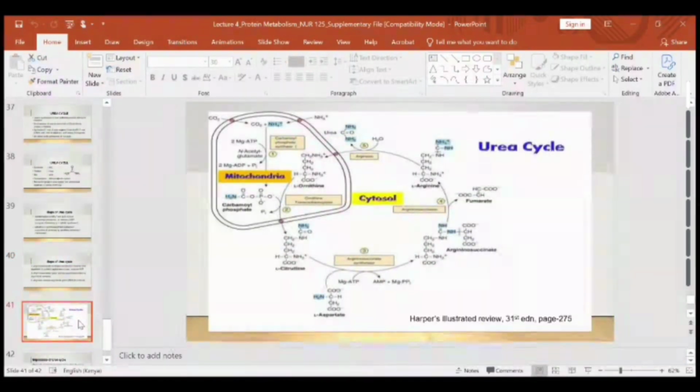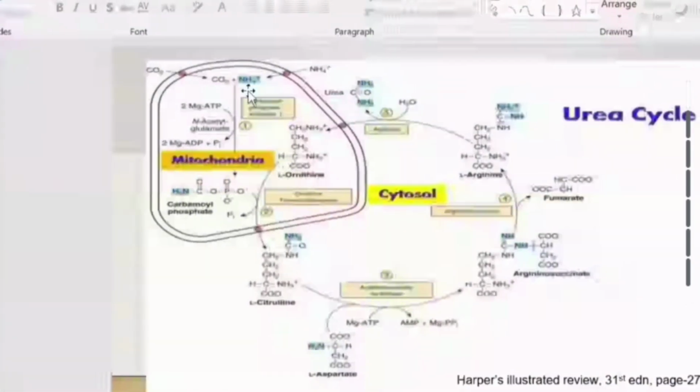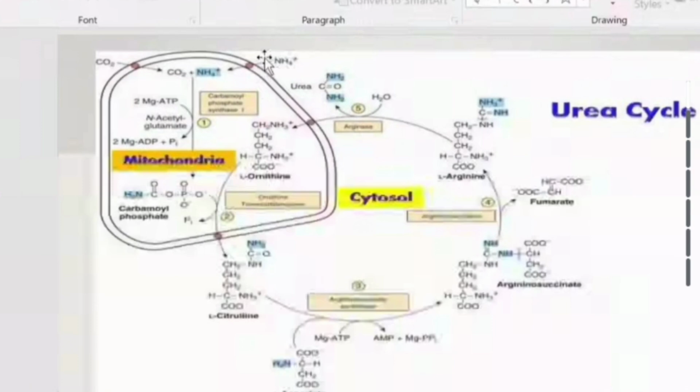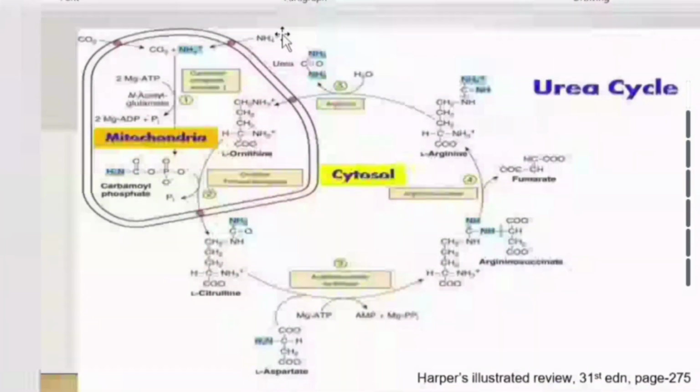Okay, so this is exactly what is happening in the urea cycle. I picked this from Harper's Illustrated Biochemistry. So what is happening here is that in the first step, you remember ammonium being released from glutamine is combining with CO2.